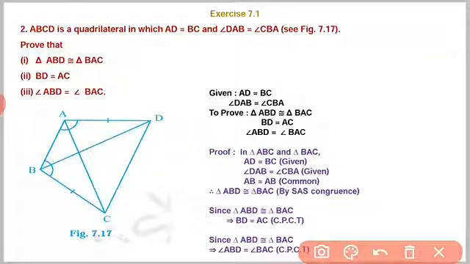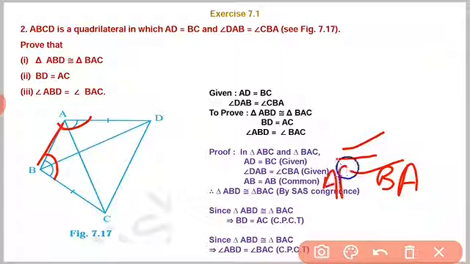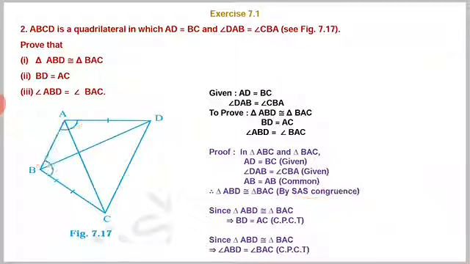See, in triangle ABC, AD is equal to BC, given; angle DAB is equal to angle CBA; and again AB is equal to BA. Both are the same thing. AB is equal to BA. These are the common side. So triangle ABD is congruent to triangle BAC by the SAS congruence rule.